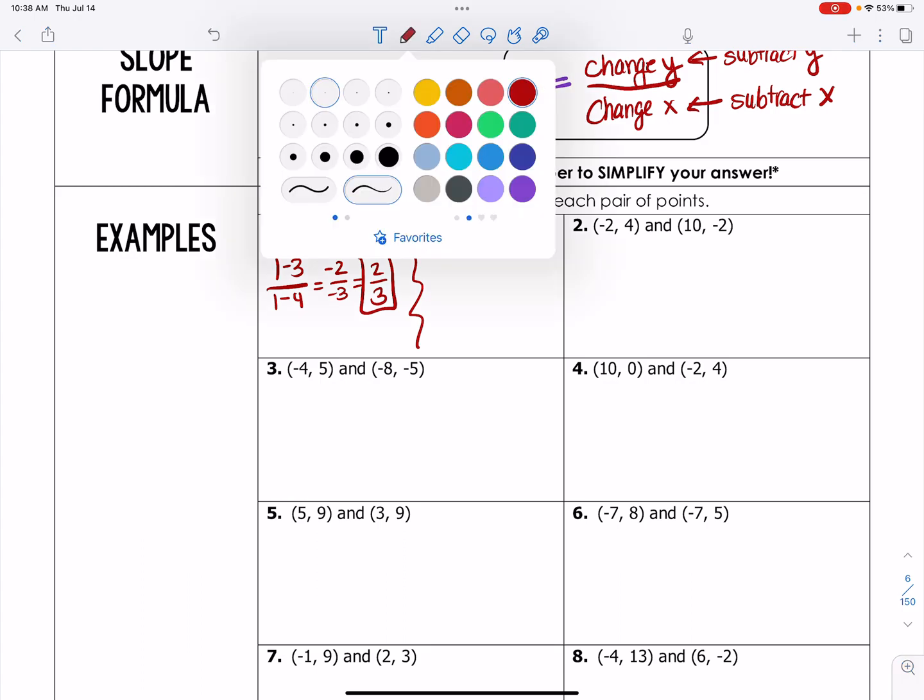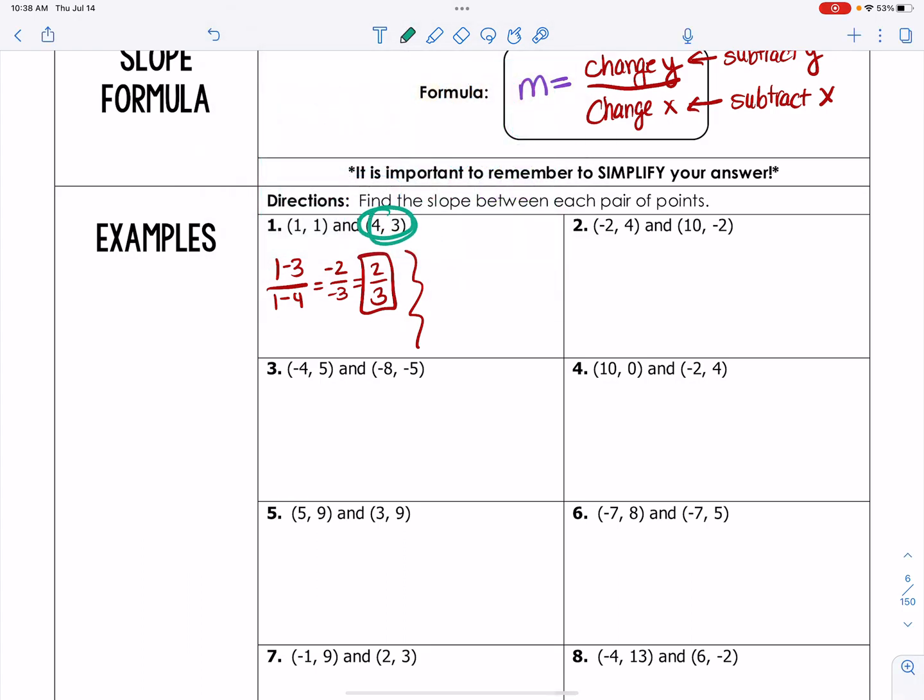What if I decided to start with the other one first? Okay, so now I'm doing the change in y. So the change in y's are 3 minus 1 over the change in x, which is 4 minus 1. So whichever one you start with, you have to start with for both x and y. It doesn't matter which one you start with. This ends up being 2/3. So you get exactly the same answer. It does not matter which one you start with.